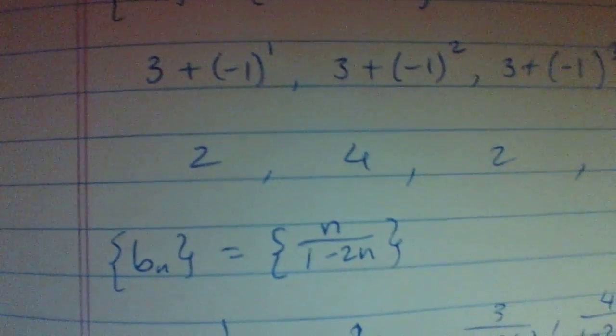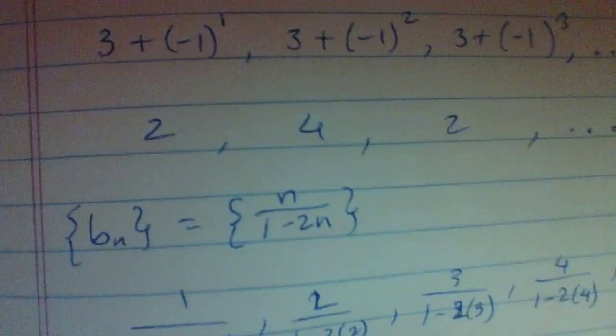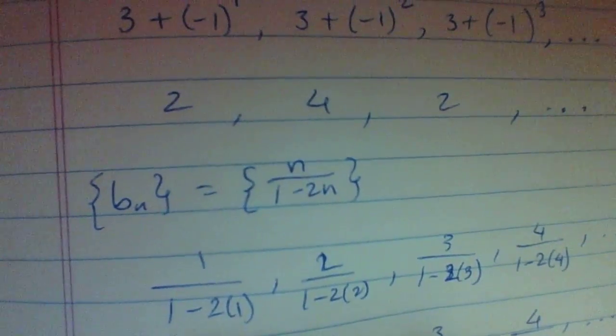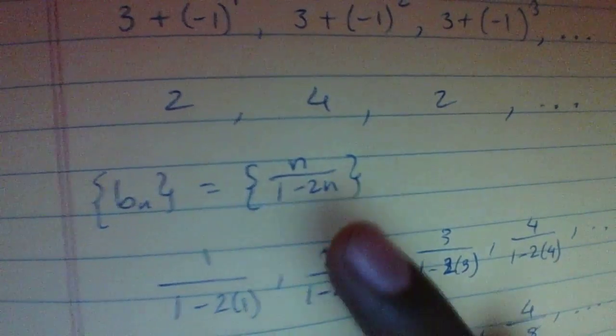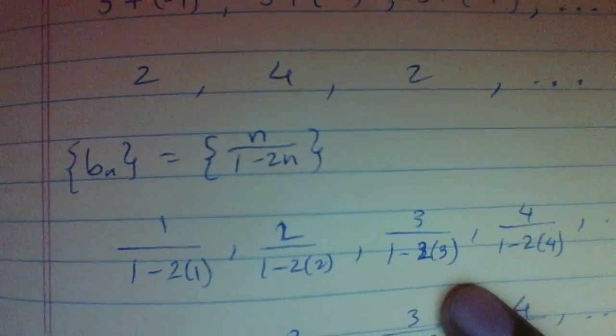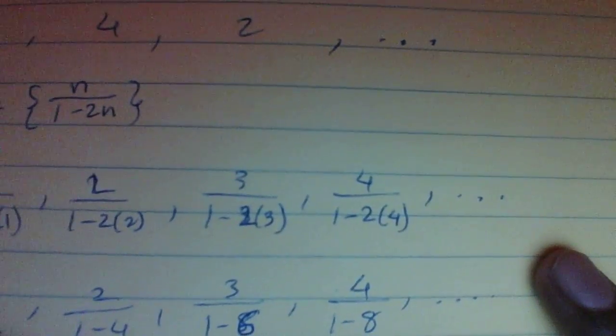So let's get to another example. We're going to do b of n right now. So b of n equals n over 1 minus 2n. Then you plug in 1 everywhere for the first term. For n you plug in 1, and then for n you plug in 2, then plug in 3, plug in 4, and then go dot dot dot, because it keeps going to infinity.